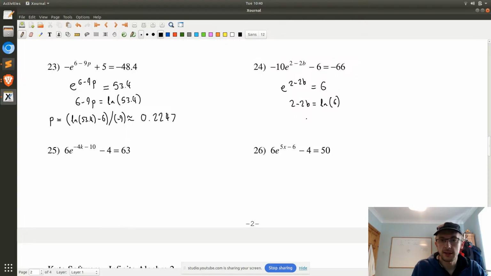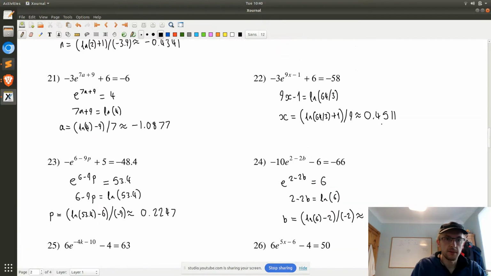And then ln of 6 take 2b. b is ln of 6 take 2, all divided by negative 2. 0.1040, 0.1041.